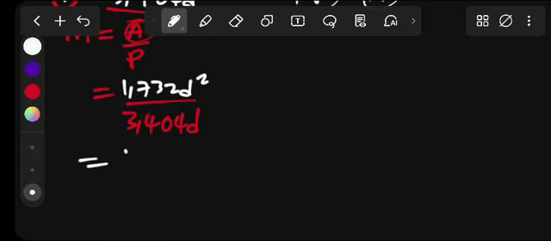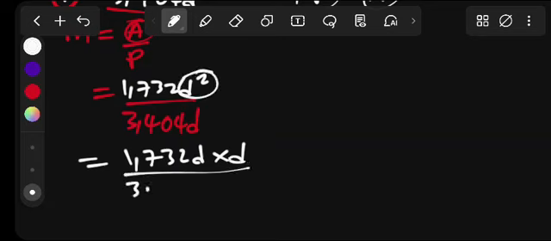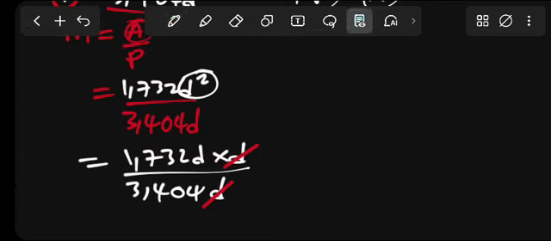This is the same as 1.732 D multiplied by D, I'm just separating that, divided by 3.404 D. I was not supposed to do this, guys. Divide that. So as you can see, those will fade away.